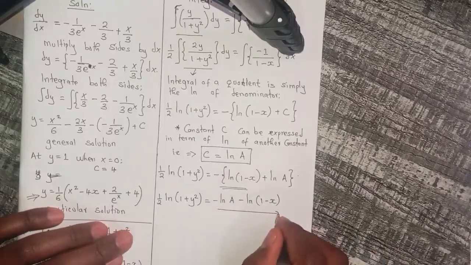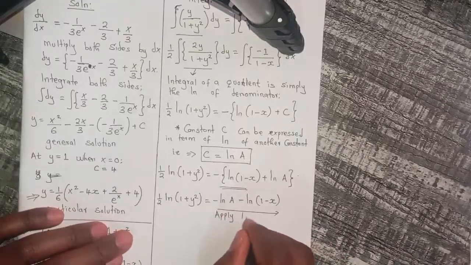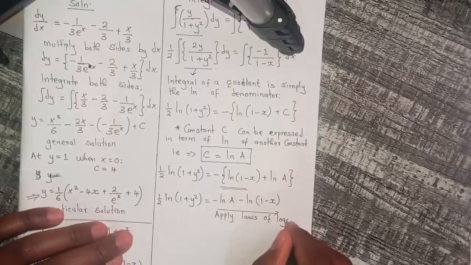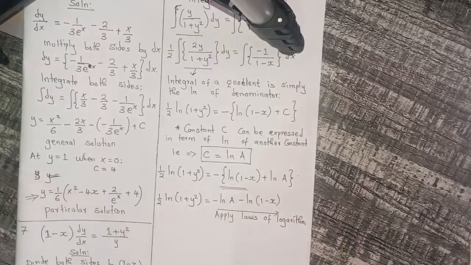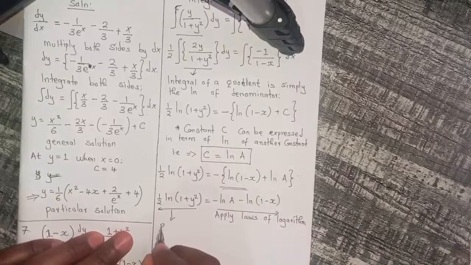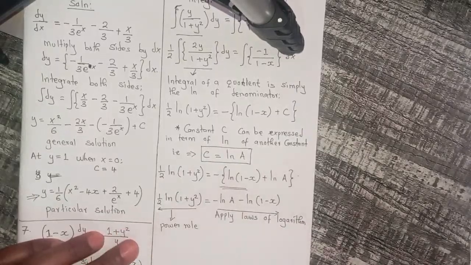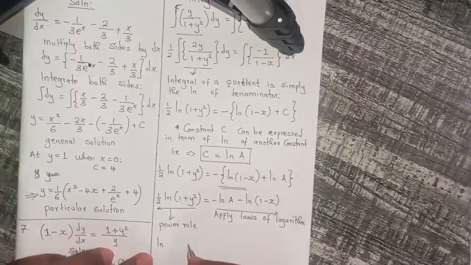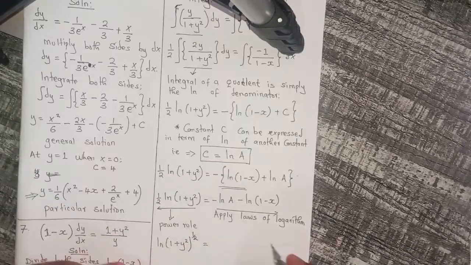And from there, on this side, if we apply laws of logarithms, and also on this other part we apply the power rule of logarithms, this becomes the natural log of 1 plus y squared, everything raised to half, is equivalent to the ln of a, that is natural log of constant a, divided by the natural log of 1 minus x.